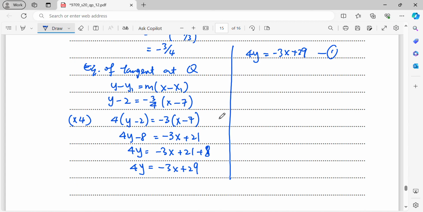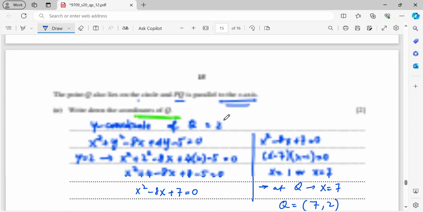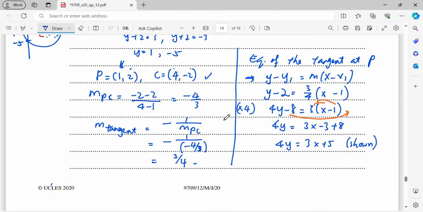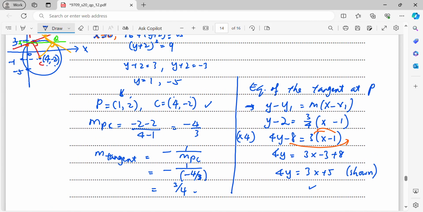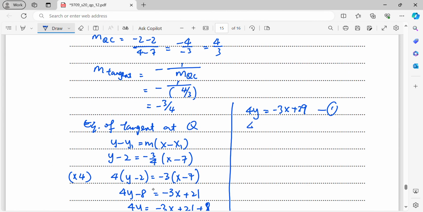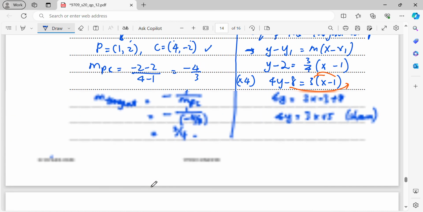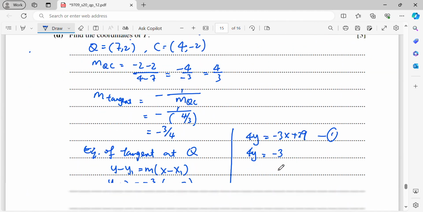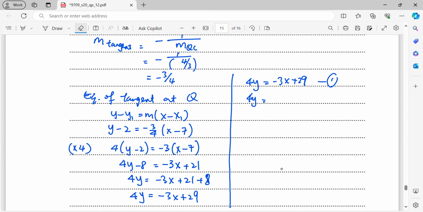This is the equation of the tangent at Q. And then the equation of the tangent at P, we get it from the previous part, which is 4y equals 3x plus 5. This is my second equation. So now to find the intersection point, I will solve these two simultaneous equations.